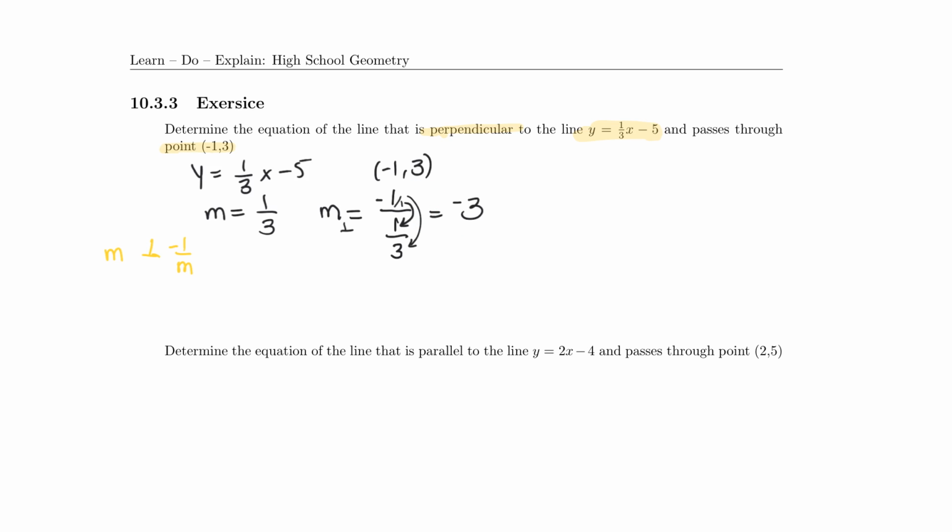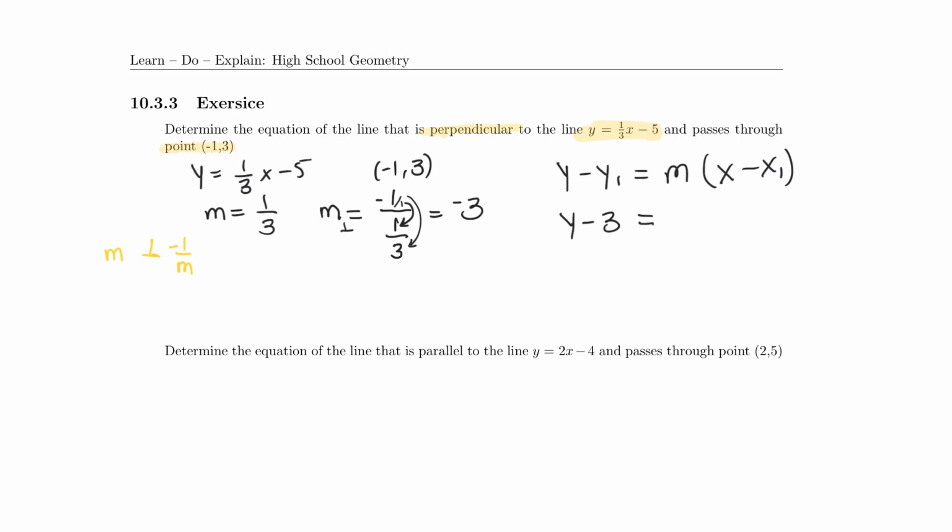Now let's write down how the equation of the line goes. It goes y minus y1 equals m times (x minus x1). So y minus, what is y1? Well, it will be the y coordinate of the point that touches, in this case 3, equals m.